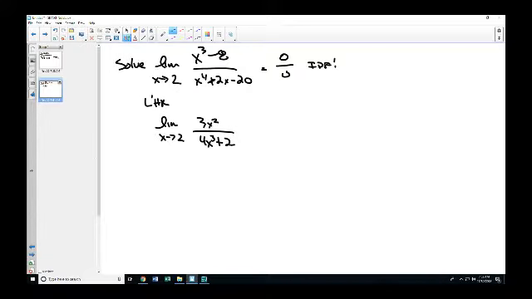Pretty simple, right? Just like everything else in calculus. What do we get? 12 over 34. Oh, that's actually not that bad.